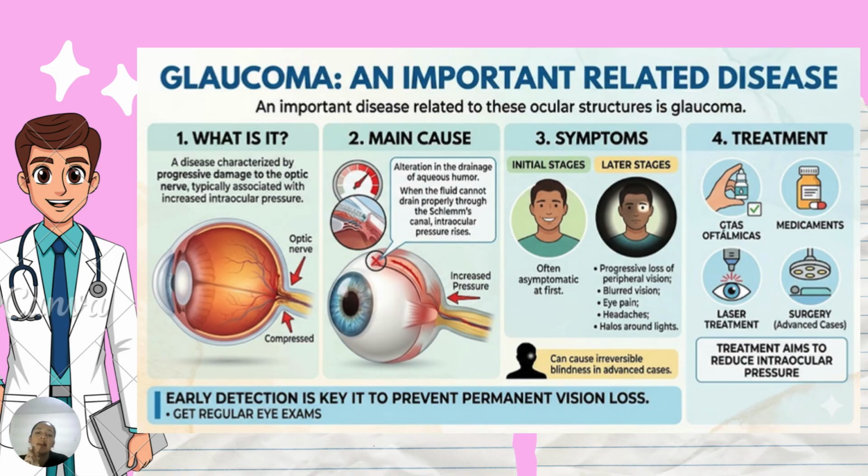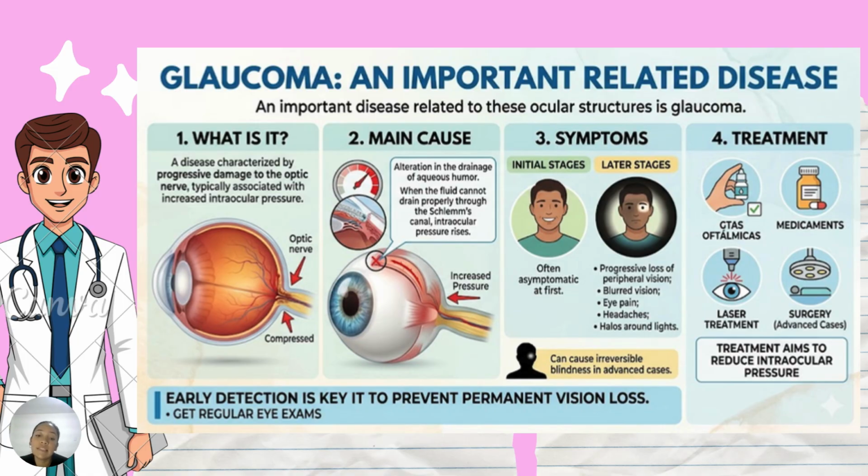When this fluid cannot drain properly through the trabecular meshwork and the canal of Schlemm, the pressure builds up inside the eye, and this increased pressure damages the optic nerve fibers. The symptoms that we can see in the image: in the early stage, glaucoma produces no symptoms, it is asymptomatic.